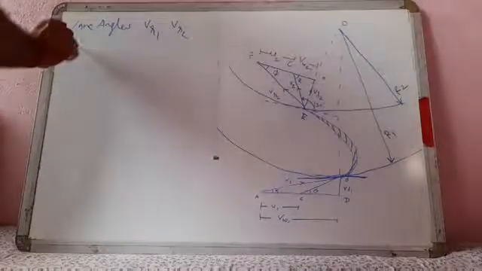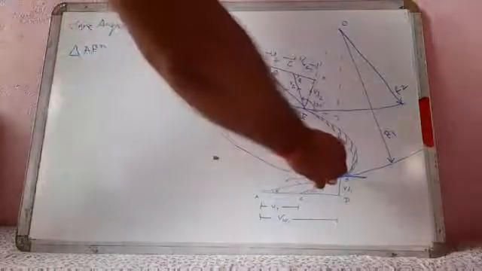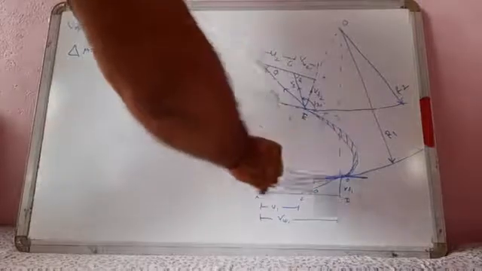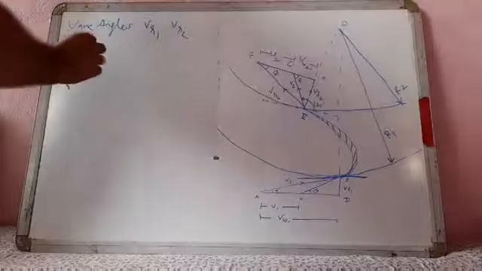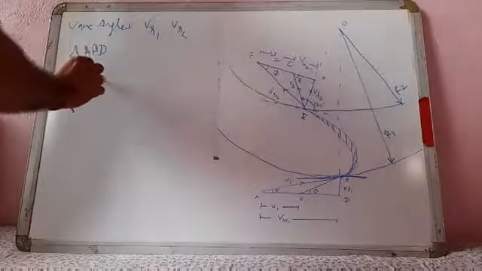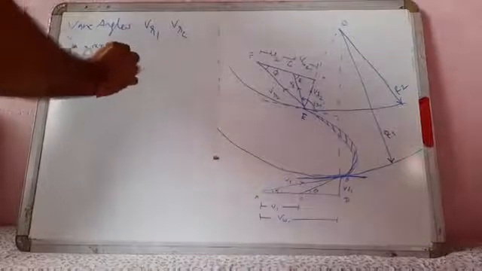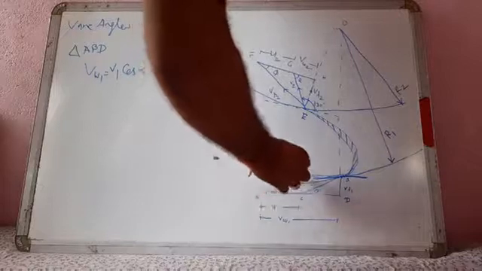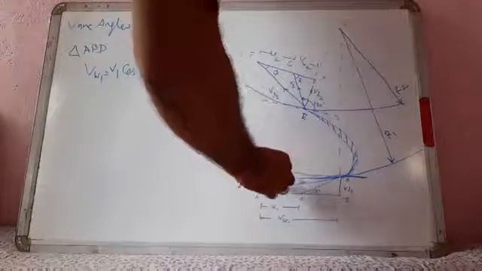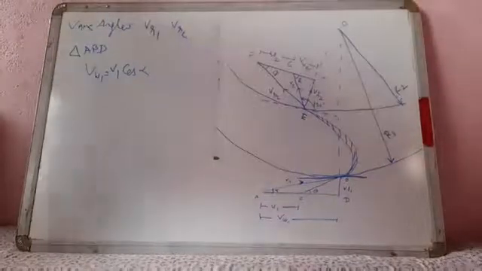Here, from the bigger triangle ABD, VW1 is equal to V1 cos alpha.